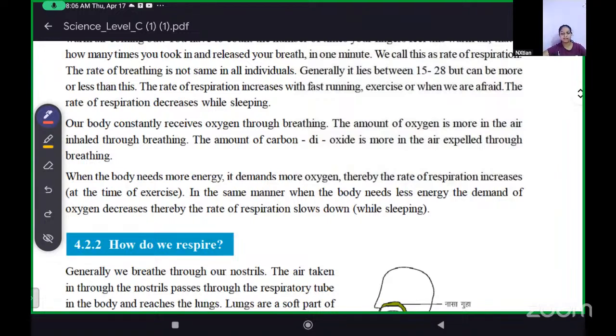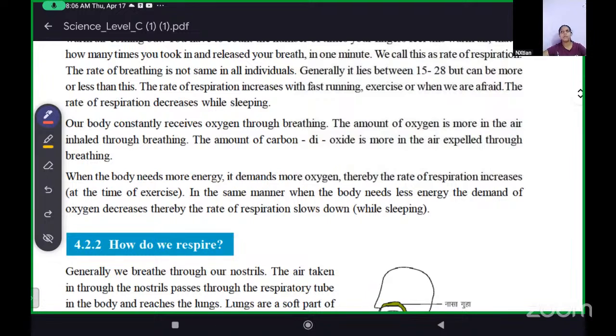Ma'am, it could be that you need more energy because all the energy is exhausted in your body and you need more to refill it in your sleep. Maybe, yes, it is possible that we need more energy when we are sleeping.